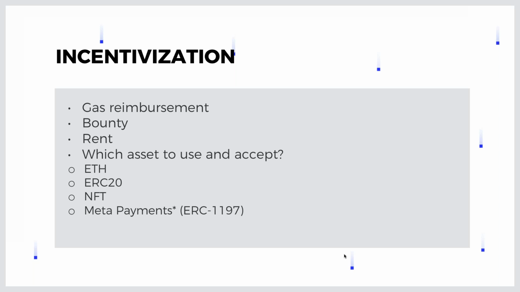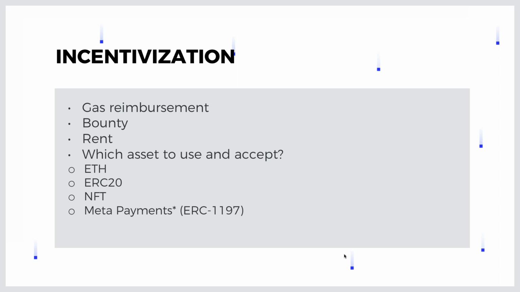And the third thing is how can we incentivize those executing agents. There are multiple assets currently available, like Ether, ERC20 tokens, NFTs, etc. But one of the ideas that we are also working on is MetaPayments, which we call pay to code, which means that the reward can be any executable code that can be run at the end of this execution cycle.